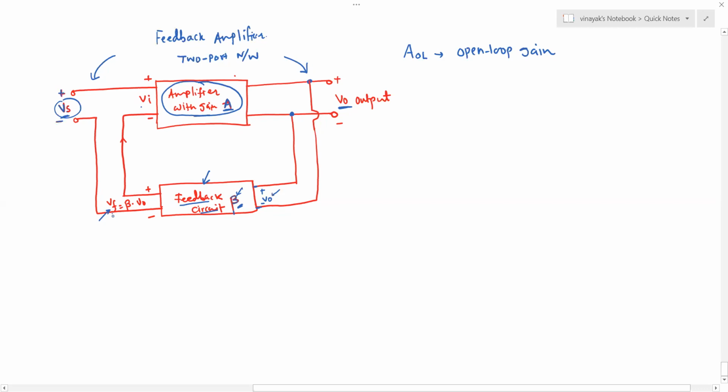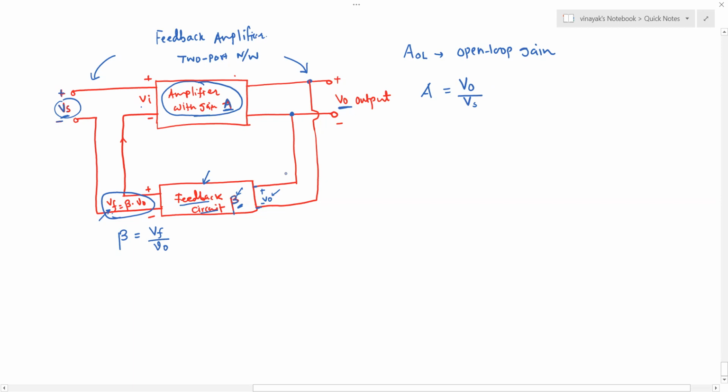Therefore, VF equals beta times VO, or we can say beta is equal to VF over VO. So that's basically the gain of this. And here the gain of the amplifier will be VO divided by Vs.